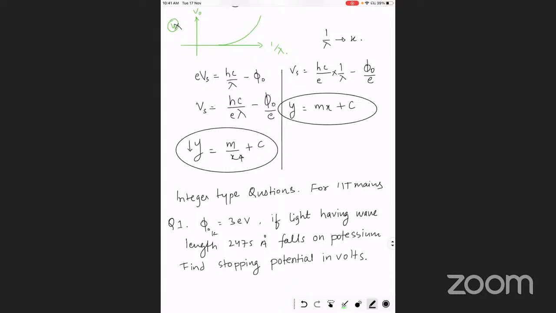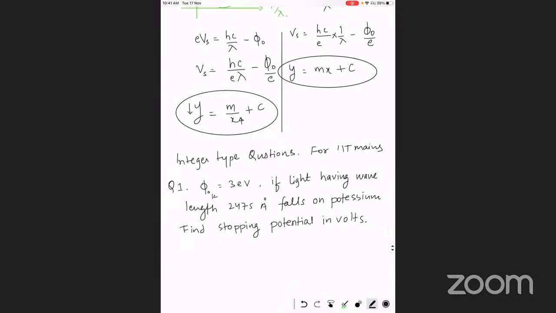Work function for potassium is given. Wavelength of incident radiation is given. They want stopping potential.